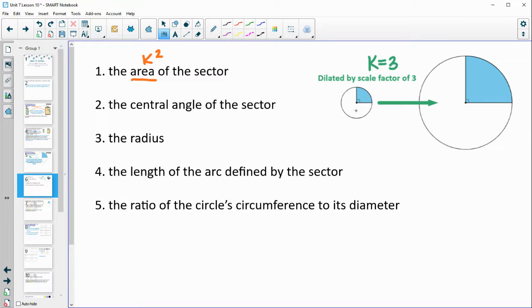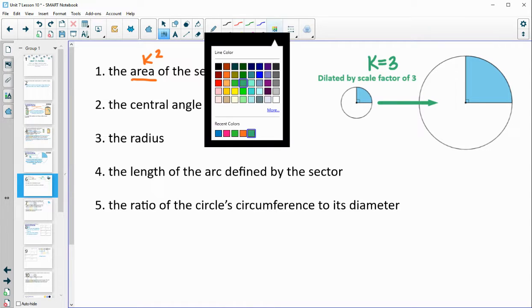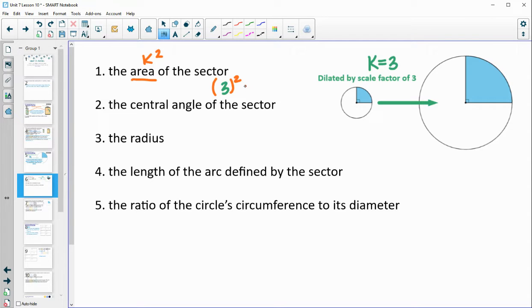So how much is the area going to be impacted compared to the original? That's going to be 9 times bigger because we have the K value squared. We need to take this 3 and square it to say what's going to happen to our area. So it's going to be 9 times bigger.